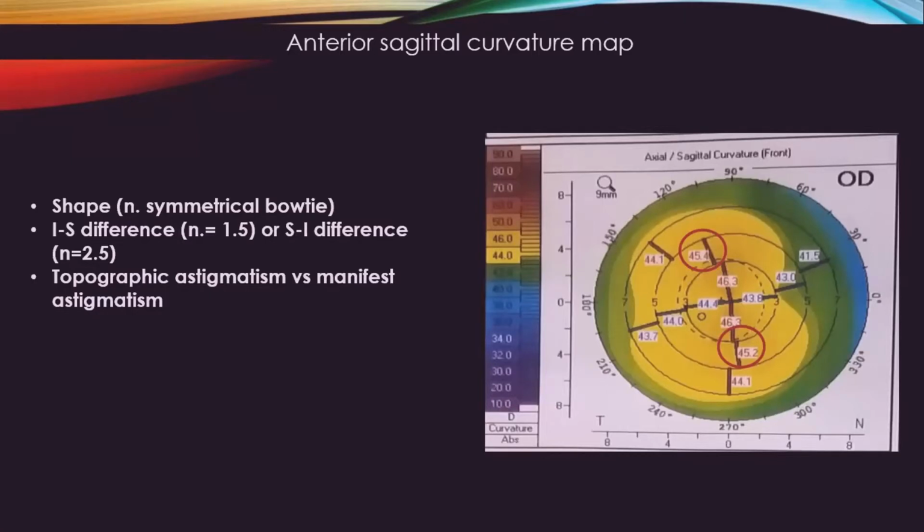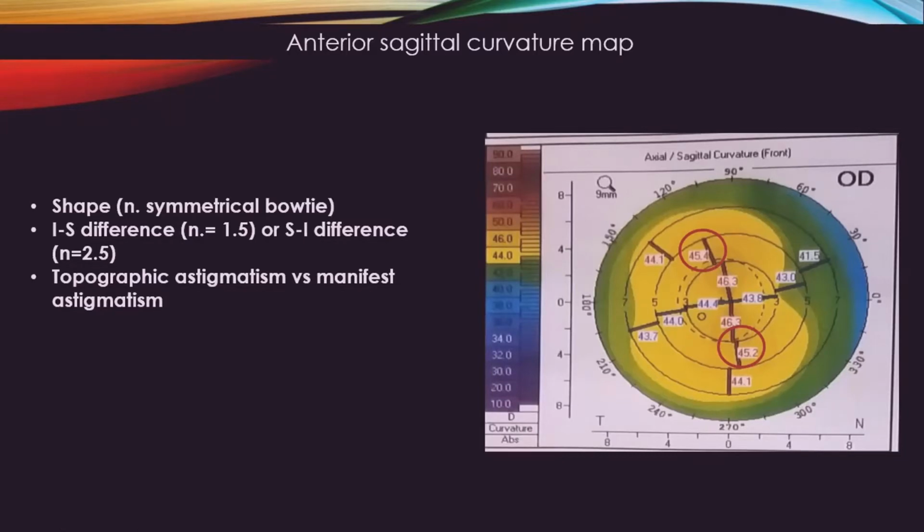It is important to find the difference between the keratometry at the 4 millimeter down here and the keratometry at the 4 millimeter up here. Whether there is an inferior steepening or superior steepening, because some maps, by looking at the color, may look like they have an inferior steepening, but if we calculate the numbers, there is no inferior steepening.